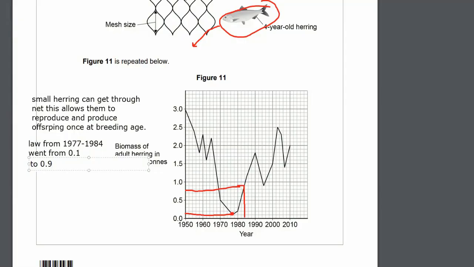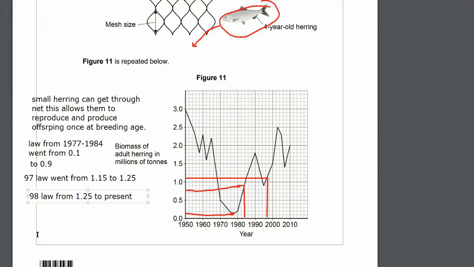we can see here from 1977 to 1984, the herring went from 0.1 to 0.9, roughly. My lines are absolutely awful. And then from the 1997 law, they went from 1.15 to 1.25. Drawing these lines is just disgusting. And then so forth.